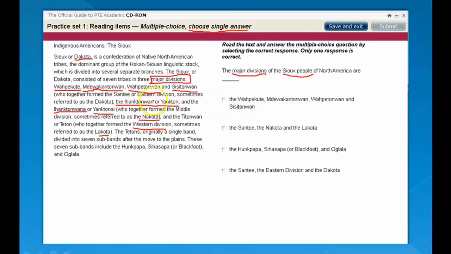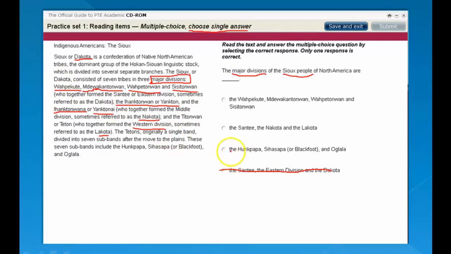Now, what we have here is the Eastern Division, who form the Santee, sometimes referred to as the Dakota. Now, this answer is false because this only refers to the Eastern Division, the Santee, the Eastern Division, and the Dakota. So that is not our answer.